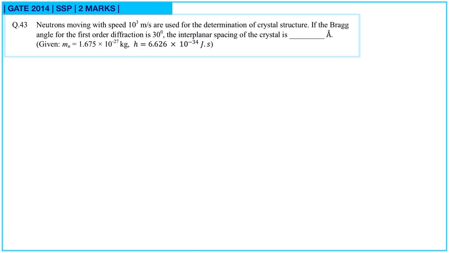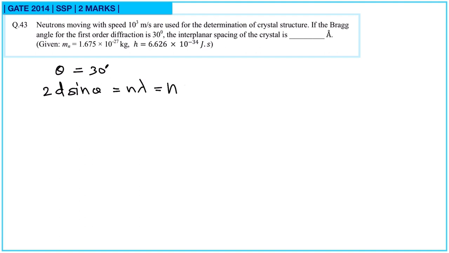Neutrons moving with speed 10 raised to 3 meter per second are used for the determination of crystal structure. If the Bragg's angle for the first order diffraction is 30 degree, the interplanar spacing of the crystal is. So we have this formula, Bragg's law, that is 2d sinθ equal to nλ.